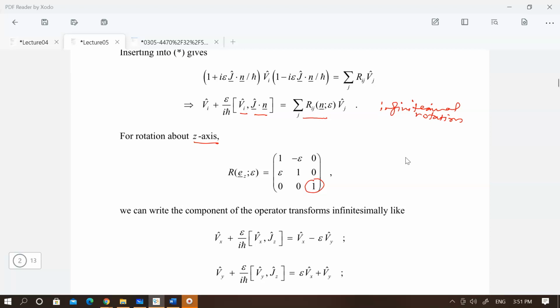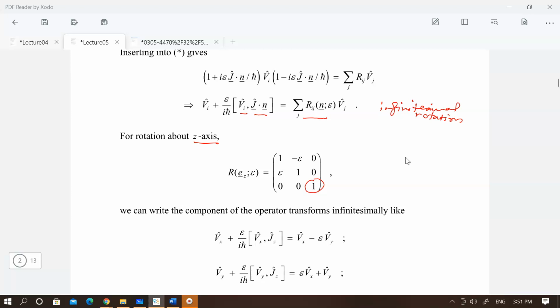So your cos theta for theta infinitesimal will just give you, to first order, equals 1, and then this will be minus epsilon, and this will be epsilon, and this will be 1. So this is an infinitesimal rotation matrix about the z-axis. So that goes there.